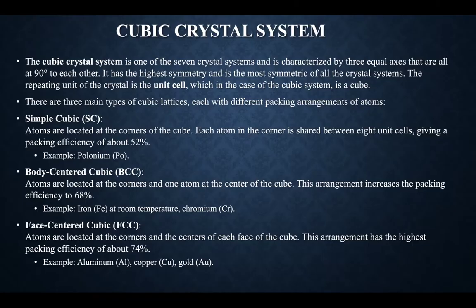This arrangement increases the packing efficiency to 68%. Example, iron at room temperature. And FCC, face-centered cubic: atoms are located at the corners and the center of each face of the cube. This arrangement has the highest packing efficiency of about 74%. Examples: aluminium, copper, gold.